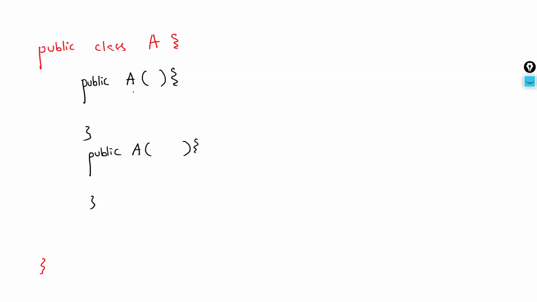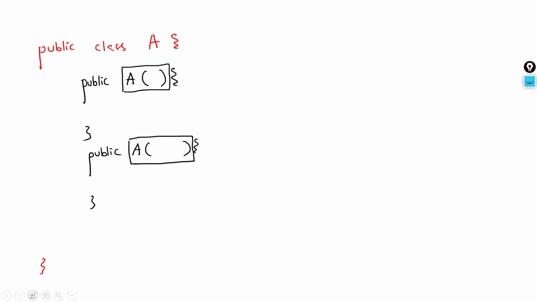So what is the signature of the previous constructor? What's the name? A. How many parameters are there? 0. Then here also, what is the name of the constructor? A. How many parameters? 0. Is there any difference between these two constructors? No. So therefore, this is not allowed. It is because of the same signature.